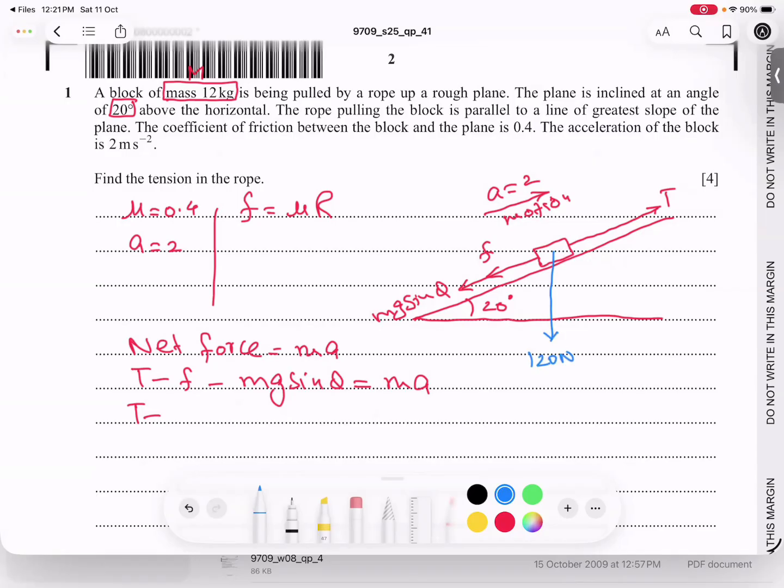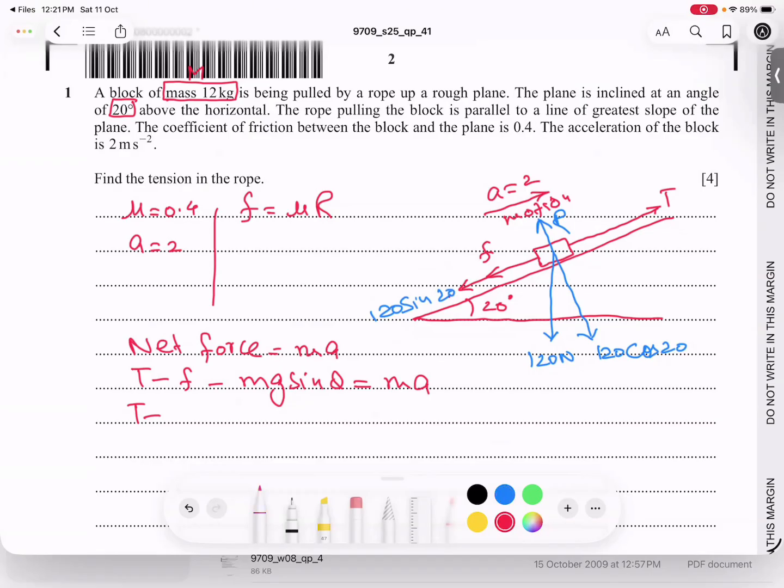And one force upward is called the normal reaction, and that is always 120 cos 20. And I can erase this and write here 120 sine 20. As is very clear now.